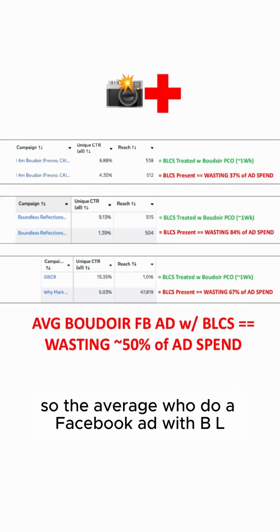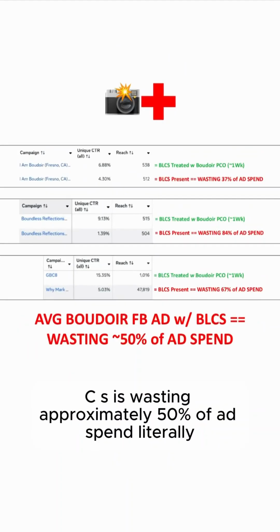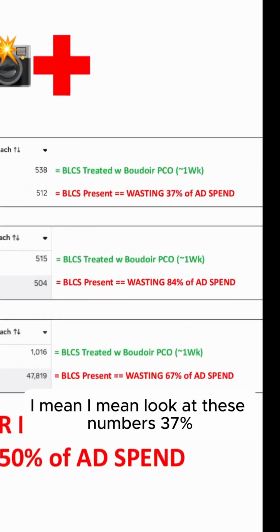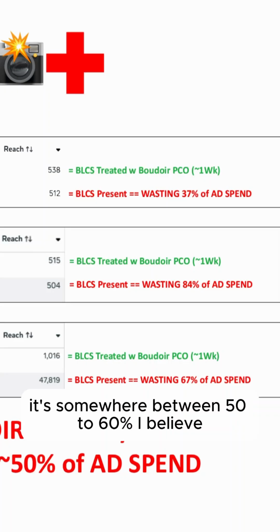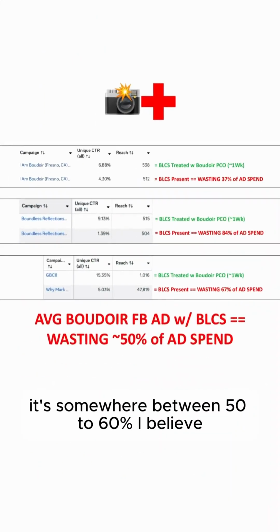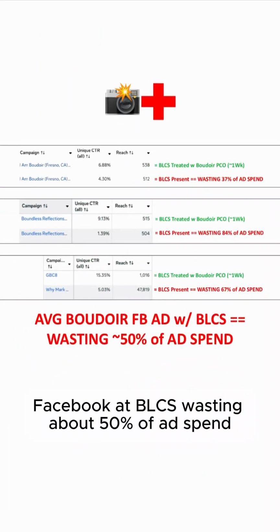So the average Boudoir Facebook ad with BLCS is wasting approximately 50% of ad spend. Look at these numbers: 37%, 84%, 67%. Just take the average of those. It's somewhere between 50 to 60%, I believe. So the average Facebook ad with BLCS wastes about 50% of ad spend.